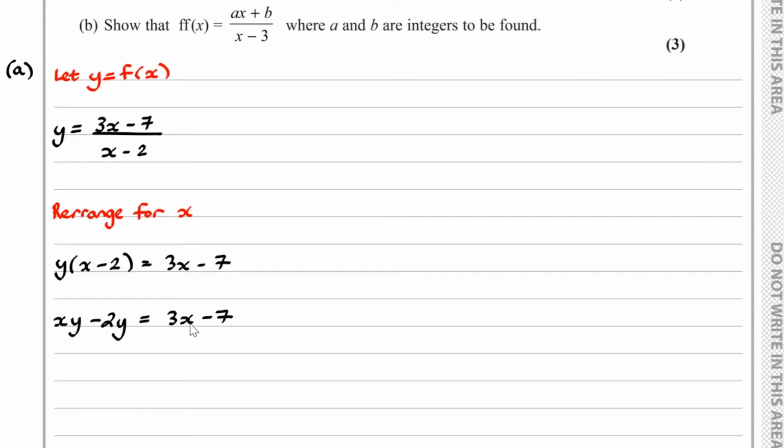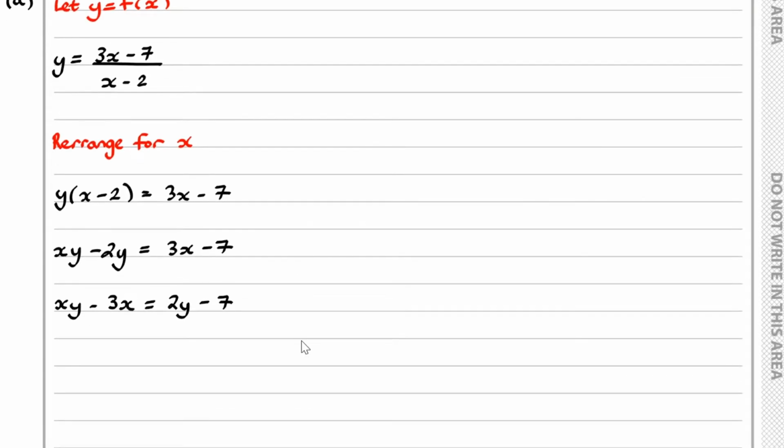Gathering all the terms involving an x on one side and everything that's not an x on the other side, we have xy minus 3x, which is equal to 2y minus 7. And if we factorize out an x on the left hand side, we have x lots of y minus 3, which is equal to 2y minus 7, and therefore x is equal to 2y minus 7 over y minus 3.